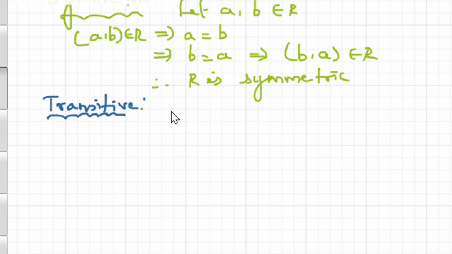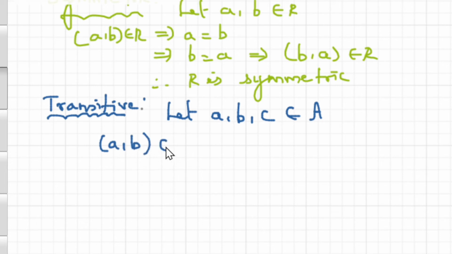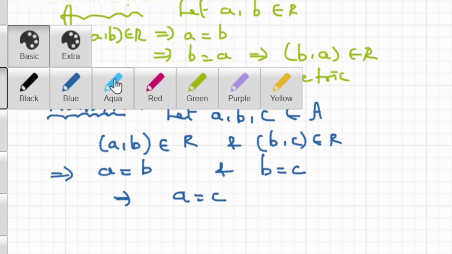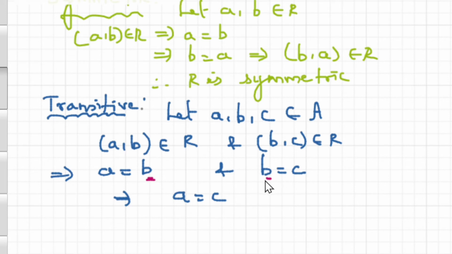In transitive, let us take A, B, C belongs to the set A, and A comma B belongs to R and B comma C belongs to R. Then this implies A is equal to B, and here B is equal to C. And from this it is clear A is equal to C. A equal to B and B equal to C means automatically A and C are equal.